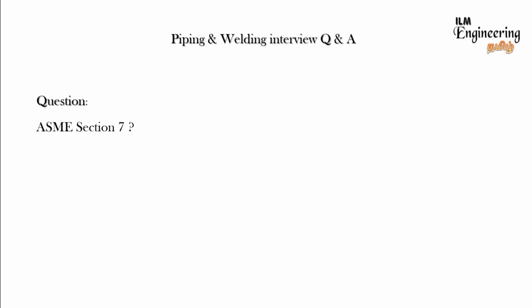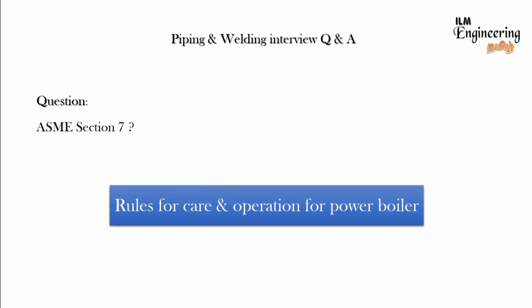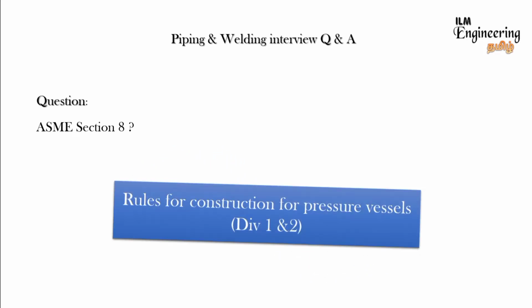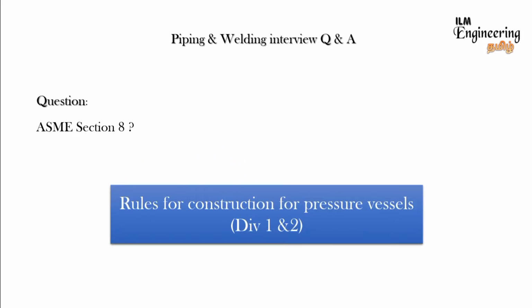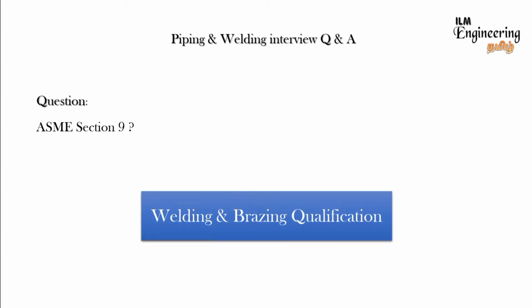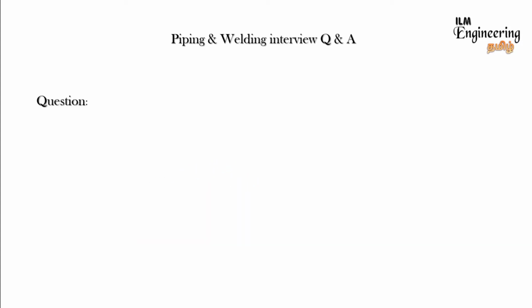ASME Section 7 Rules for Care and Operation for Power Boilers. ASME Section 8 Rules for Construction for Pressure Vessels, Division 1 and 2. ASME Section 9 Welding and Brazing Qualification.